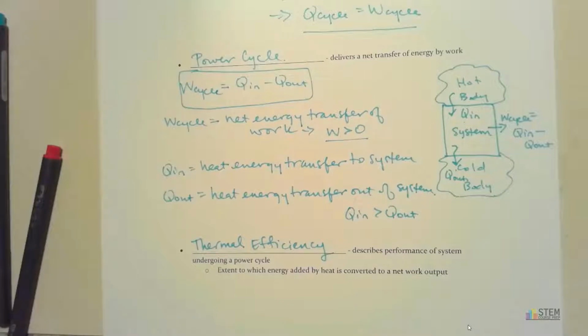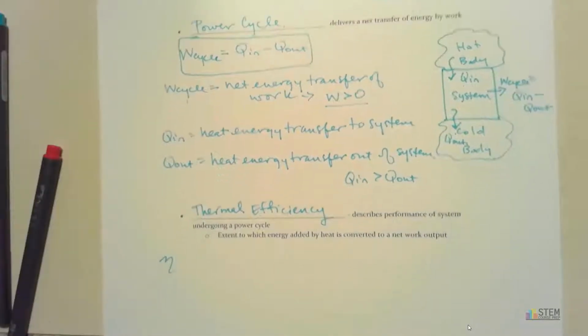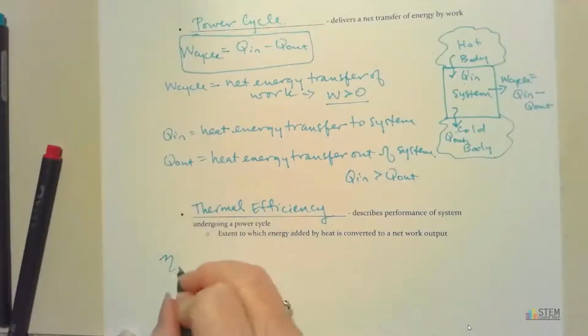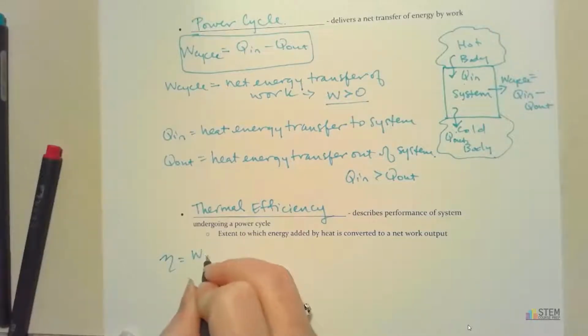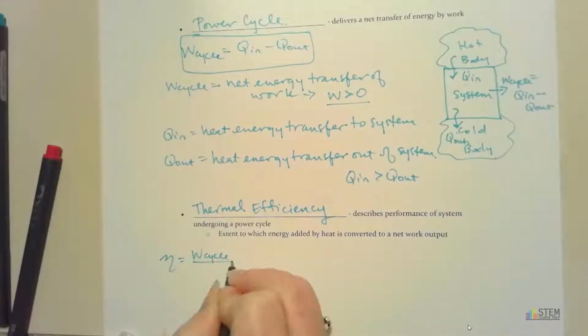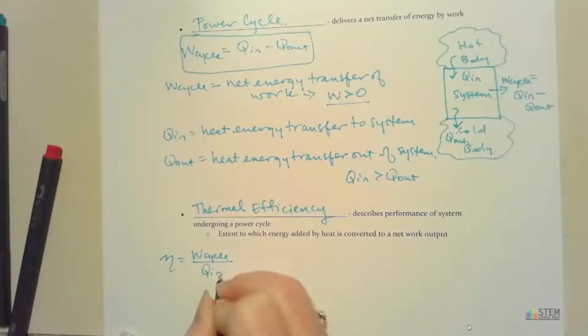Now, what we need is some equations. So for thermal efficiency, we're going to have a variable. It's going to be eta, that fancy looking n symbol. And eta is going to be the work of the cycle over Q in. So it's just a ratio of how much work you're generating over the energy you're bringing in from the heat, from that hot body.